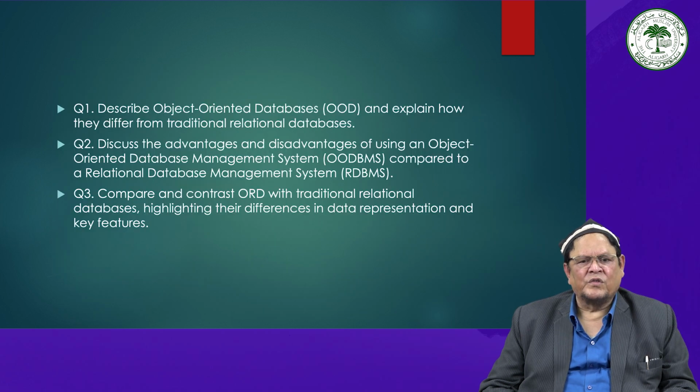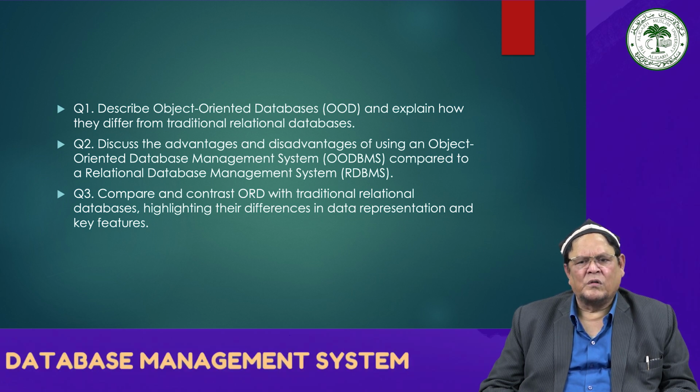Now it is the conclusion of the class. So let's take a quick recap, and here are a few questions for your home assignment. It will help you go through all the things in today's lecture again. The first question is, describe object-oriented databases and explain how they differ from traditional relational databases.